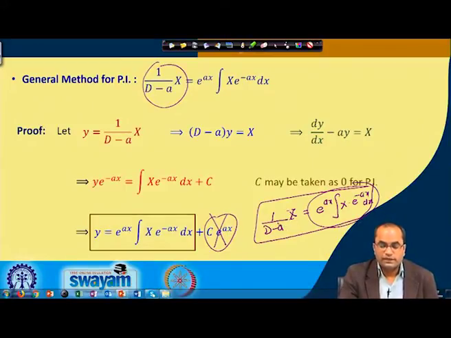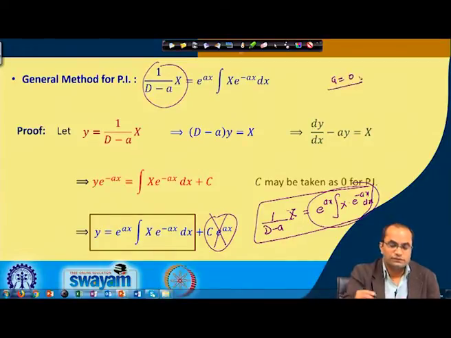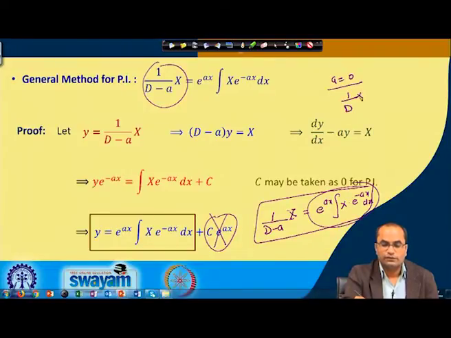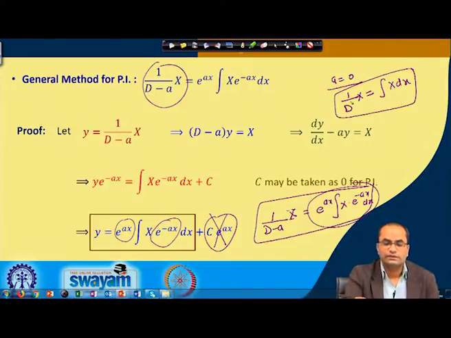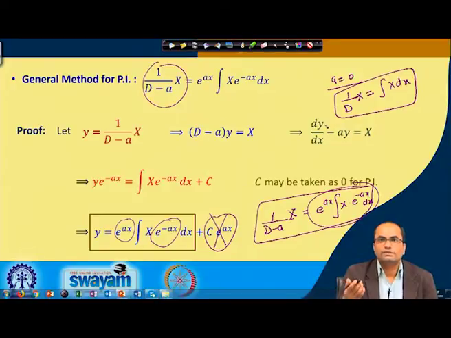In a simple case, for instance, consider a equal to 0. What is this result suggesting? When we set a equal to 0, 1 over d operated on x is equal to, since a is 0, both exponentials are 1, simply the integral of x dx, and this is what is expected. We know that d is the differential operator, and 1 over d is like the integral operator.